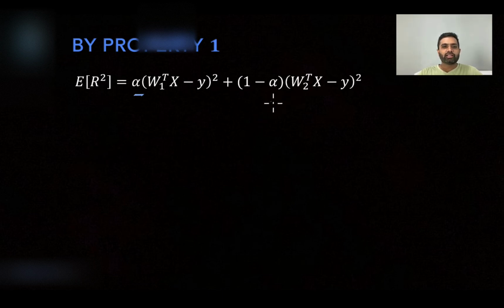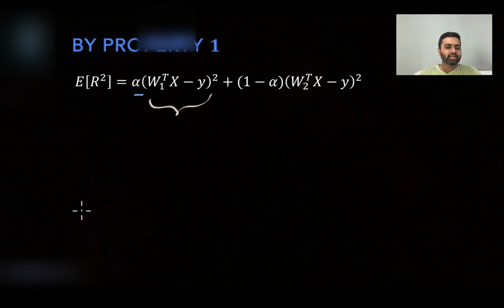Similarly, r is taking w2 transpose x minus y with the probability 1 minus alpha, so r square is taking (w2 transpose x minus y) square with probability 1 minus alpha. So that term also I have added. This is the expected value of r square. Now if you remember, what does this term represent in terms of our definition?